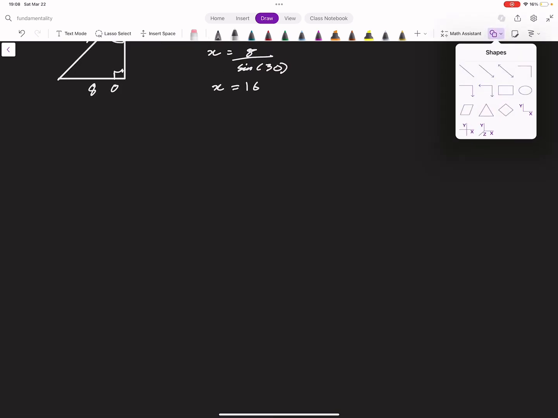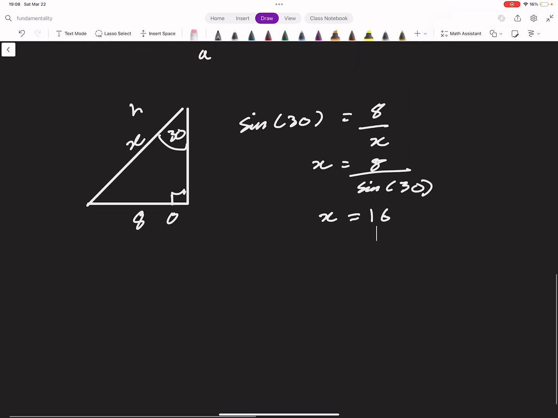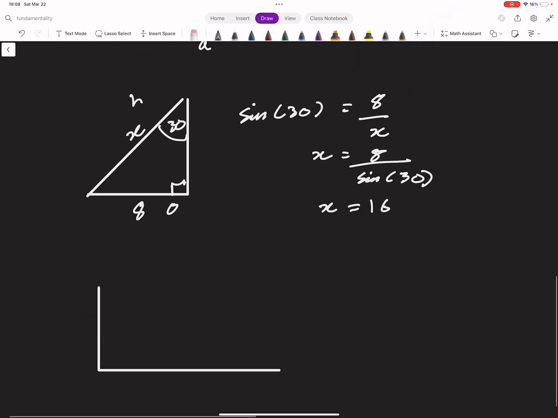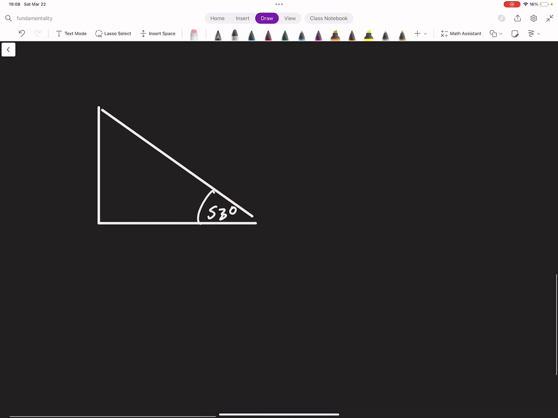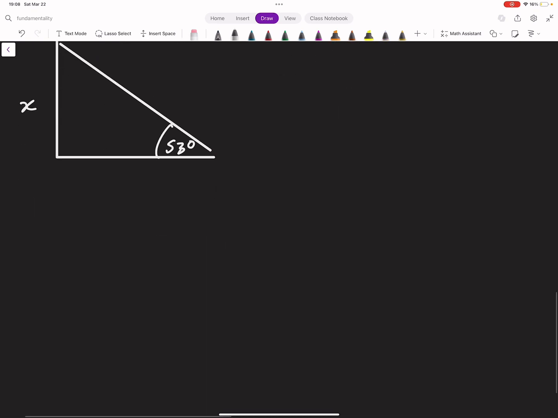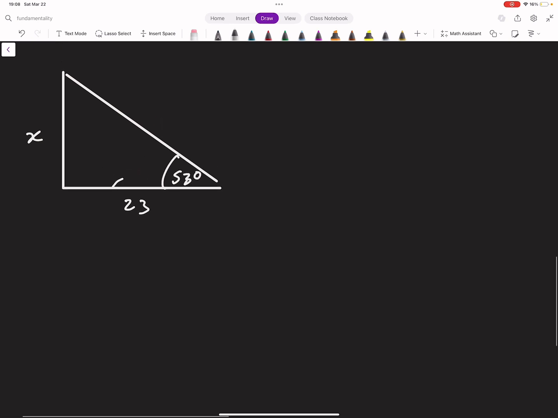Now another example, when you have other sides. Let's say you're given theta is 53, this is x this time, and this is going to be 23. What do you have now?